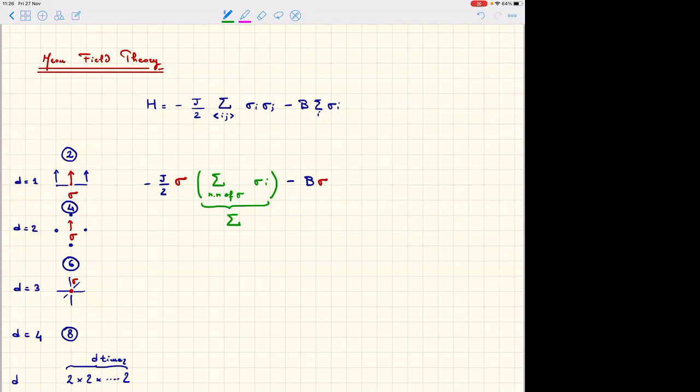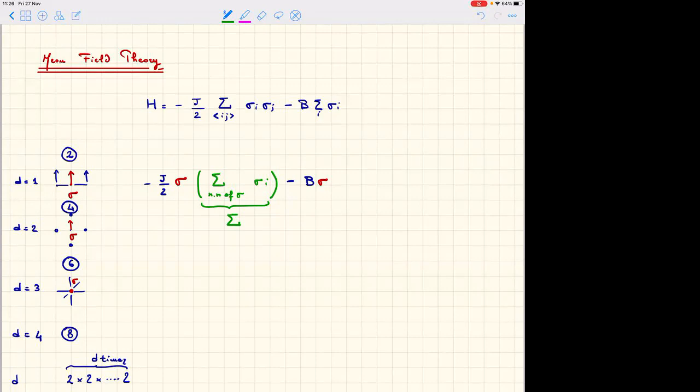I think it's not true, because in d equal 3, it's not 8, but it's 6. Sorry, can you repeat your statement? You said that in d dimensions we will have 2 to the power d. Yes.